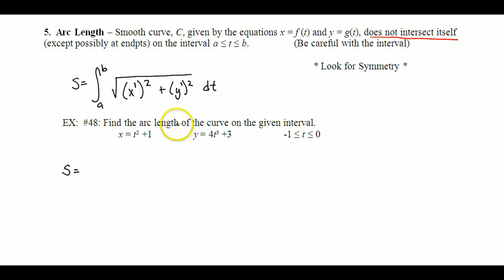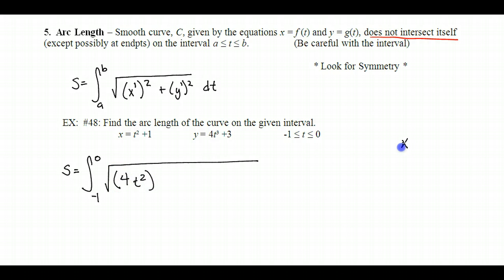So arc length, find the arc length of our curve over our given interval. It's in terms of our parameter, so -1 to 0. It is the square root of our x value, which is, the derivative of x, so 2t squared. So that will give us 4t squared.